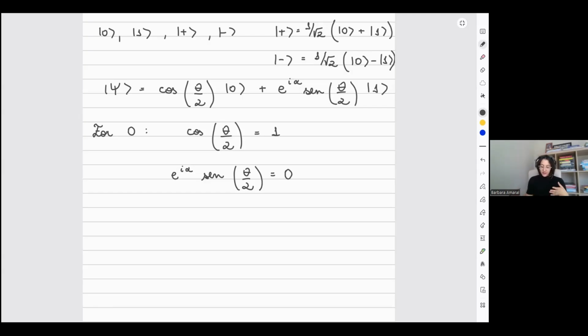So here the phi is not going to make any difference because we need to choose this to be equal to 0. And hence theta needs to be 0.